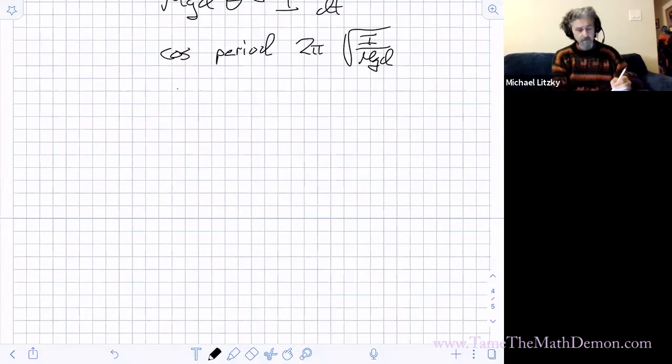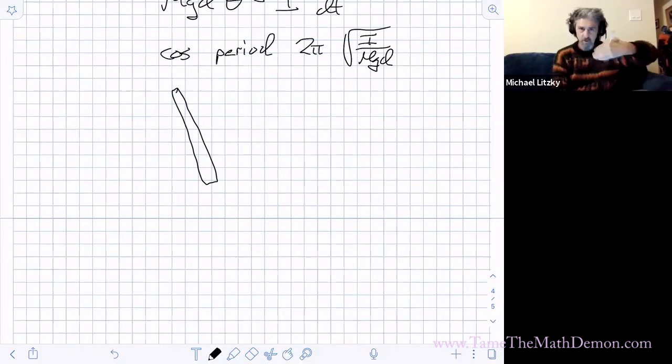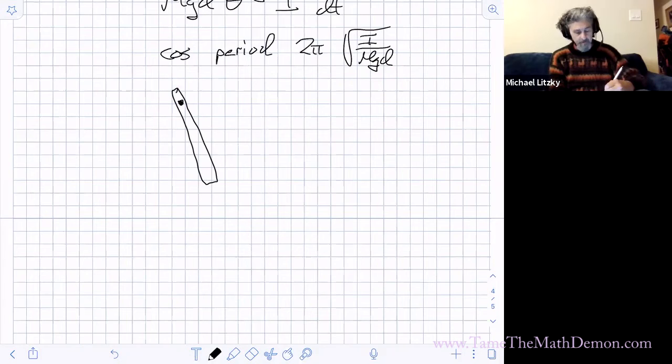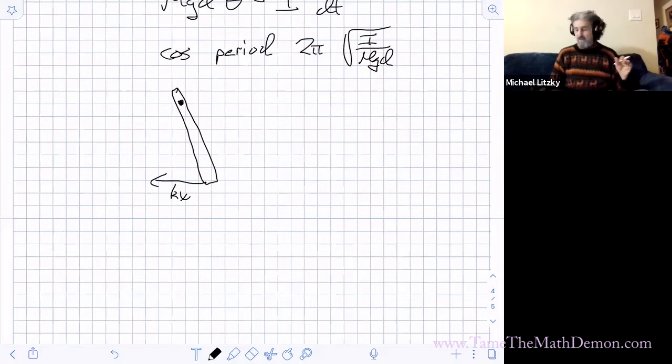Here's our spring pendulum. We got our rod. I'm swiveling it now so it's facing the same direction, but there's no gravity involved. It's still just going wang, wang, wang, wang. Here's the pivot, and I'm just going to draw an arrow for the force of the spring. And that would be kx, where k is the spring constant and x is how far it was displaced. And we still imagine it pulled out an angle theta.